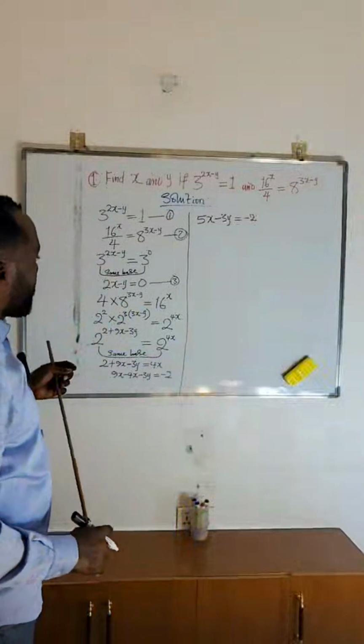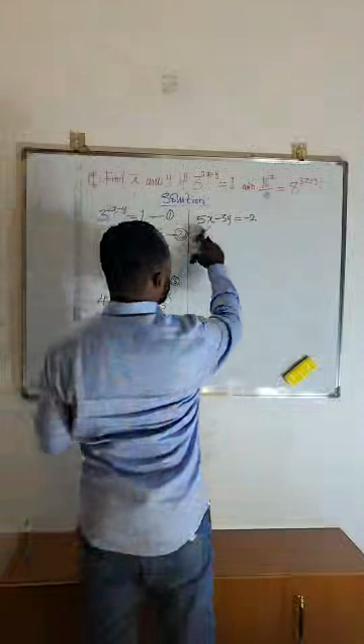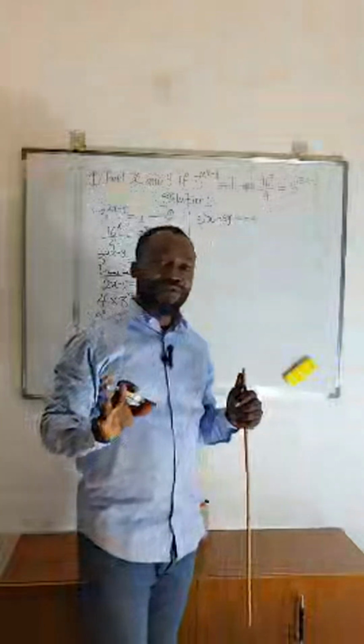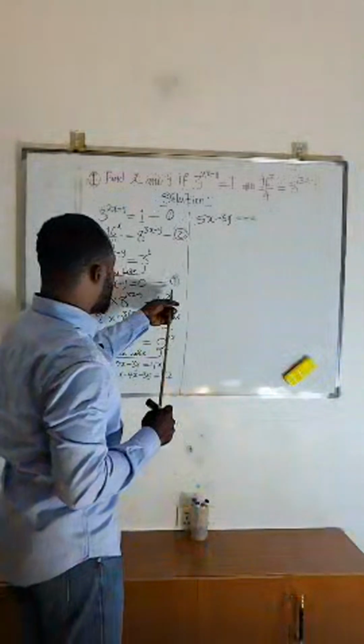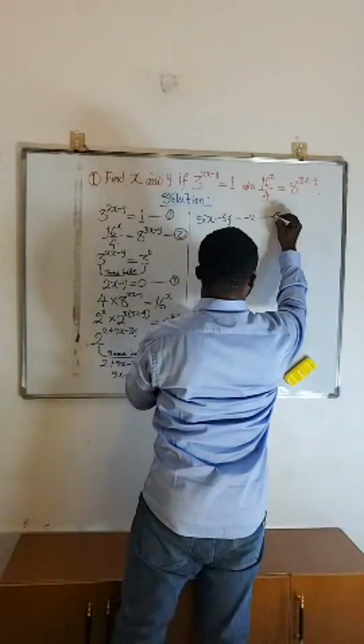Can you see that? So you can now see this is now the normal format of a simultaneous equation. Since we have labeled this one equation 3, we can also label this one equation 4.